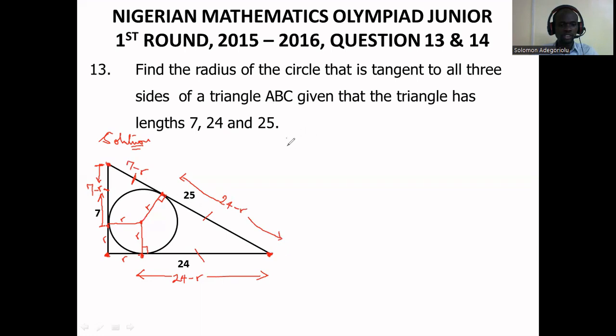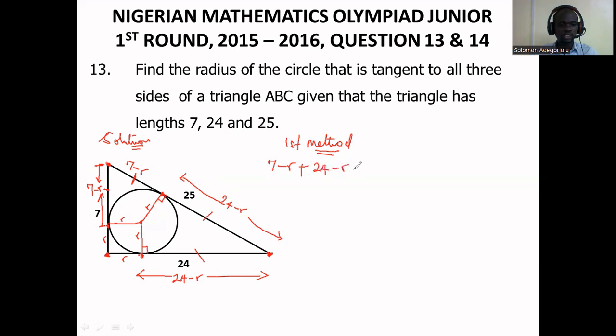So the first method will lead us to 7 minus r plus 24 minus r, and we equate it to the total length, which is 25.